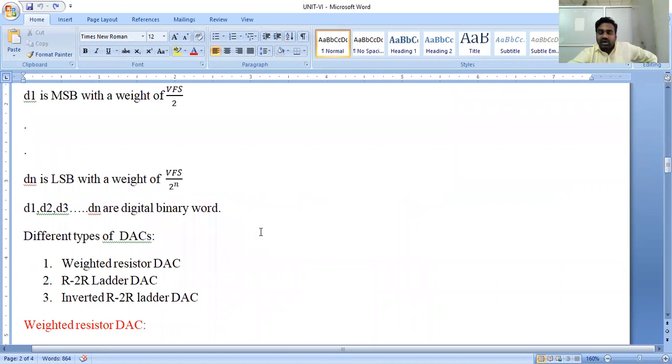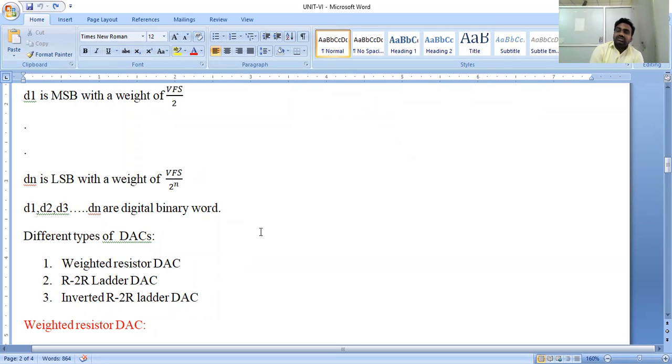So there are various configurations involved in these digital to analog conversion techniques. The first configuration is the weighted resistor type digital to analog converter, the second is the R to 2R ladder type digital to analog converter, and the third is the inverted R to 2R ladder type digital to analog converter.